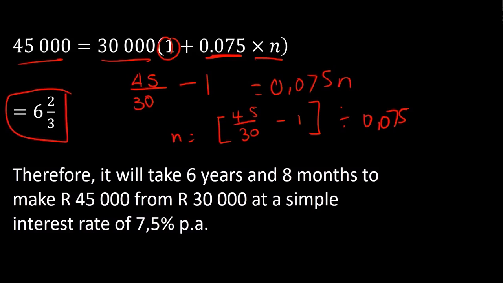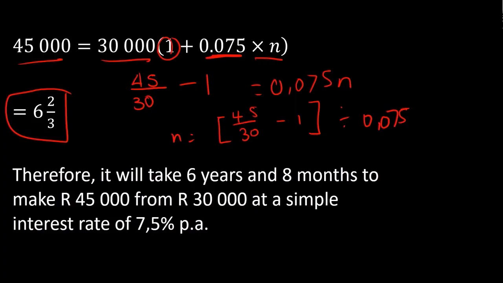Now that 2/3, so it's 6 2/3 of a year. But if we want to know exactly how long is that, how long is 2/3 of a year, we need to go further. So what we now have to do is convert 2/3 of a year to a number of months. And the way we do that is we know that there are 12 months in a year, so therefore we take 2/3, so we know what 6 years is, right?